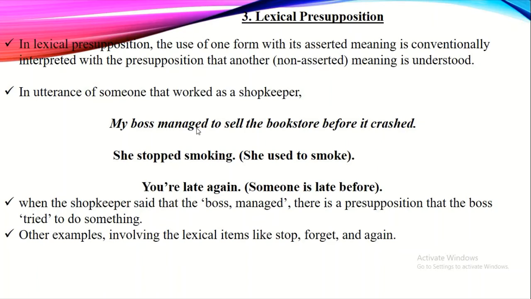"She stopped smoking" means she used to smoke. "You're already late" means someone is late before. When the shopkeeper said the boss managed, there is a presupposition that the boss was trying to do something. Other examples involve lexical items like stop, forget, and again. These are called lexical presuppositions.